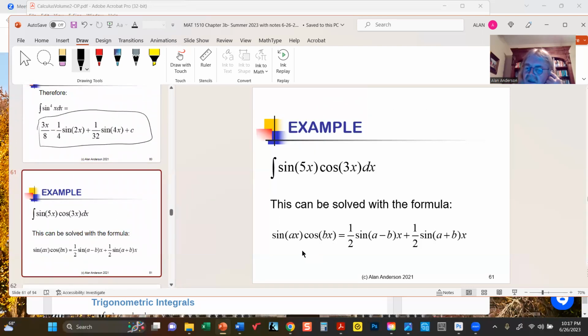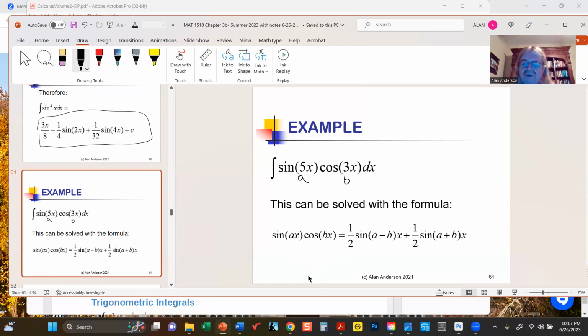What we're going to do, now, by the way, this time, a and b are not equal to each other. Think of this as a, and this is b. So the beauty of this formula is that it does not require them to be equal to each other.